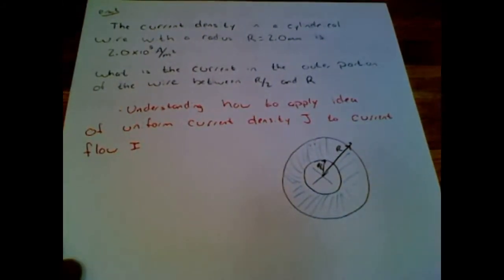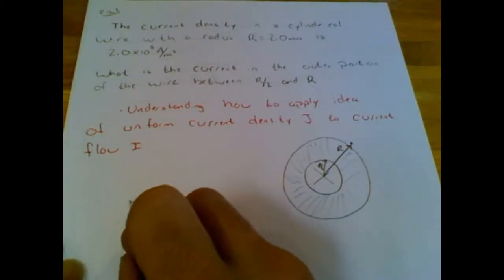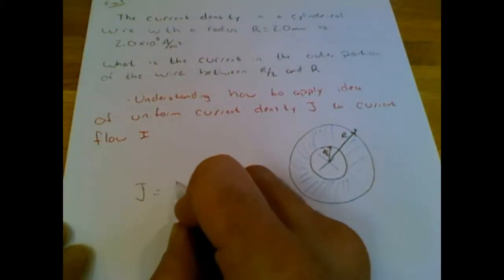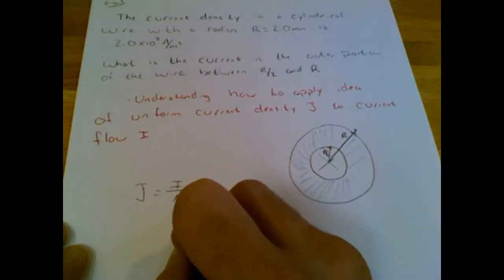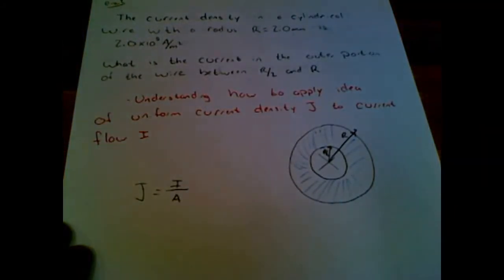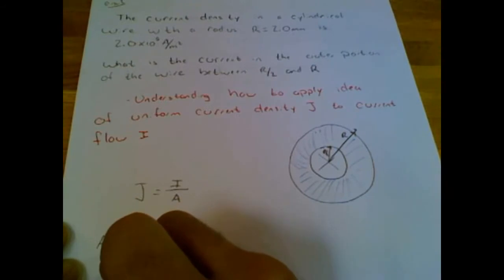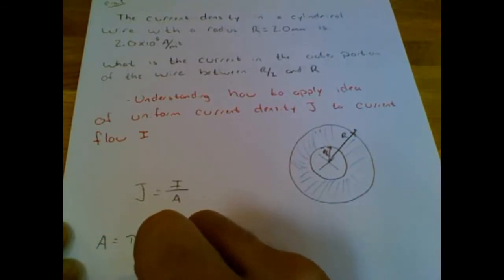So to do this, it's really just straightforward. We know current density J is equal to the current per unit area. And we know that this is just the circle, the cross-sectional area, so the area is equal to pi r squared.